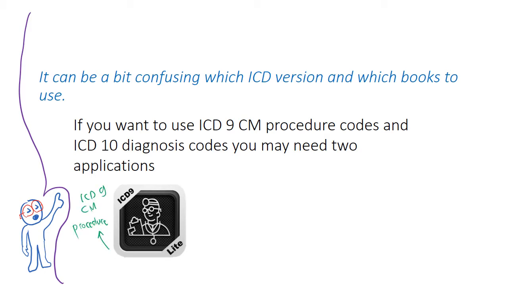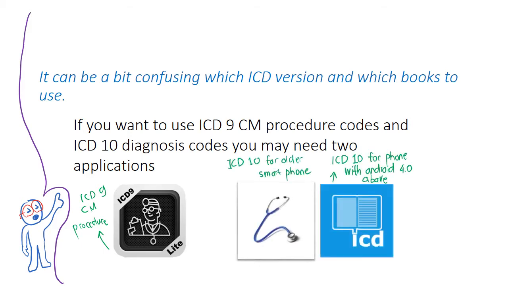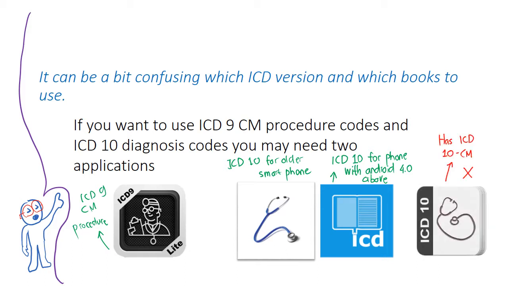Subsequently, if the diagnoses are coded using ICD-10, you need to have another application such as Diseases Codes for ICD-10 in older smartphones, or ICD-10 Search Offline application for Android 4.0 or newer. You may not want to use the ICD-10 Lite 2012 application since it contains ICD-10-CM codes instead of ICD-10.